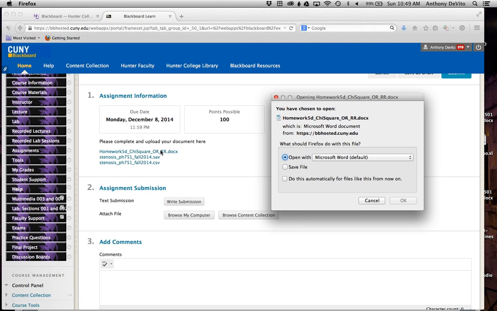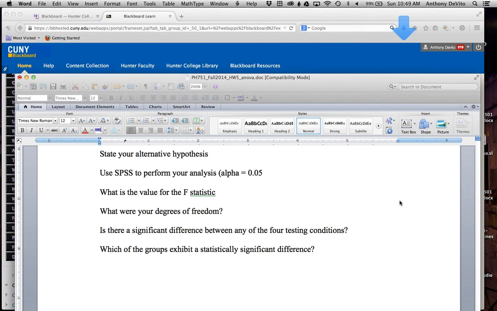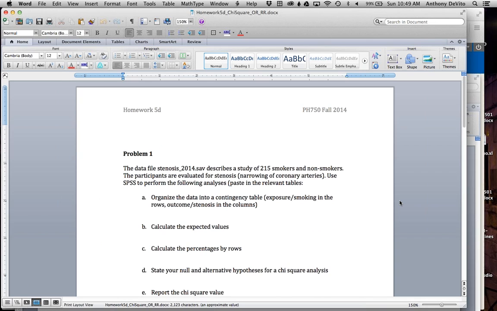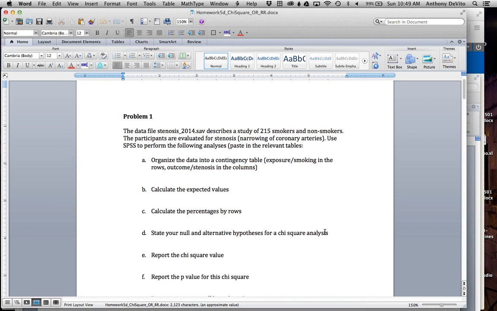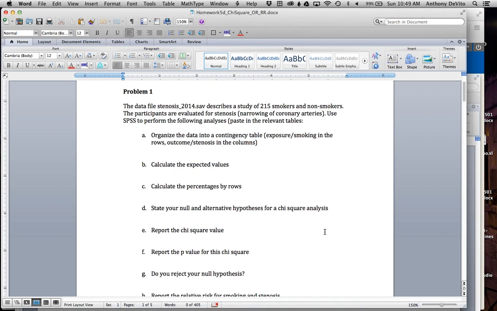In chi-square, we're working with a situation where the variables that we're examining are both categorical variables. For instance, let's say we wanted to determine whether or not gender has an association with having diabetes or not.